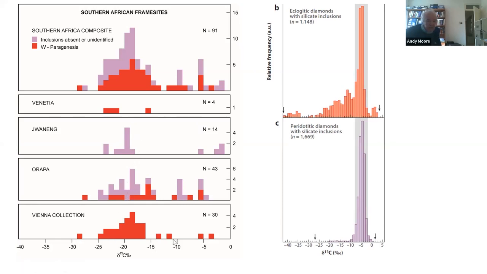But in each of these, there's a subpopulation with heavier isotopic signatures. So this overall signature of a light carbon isotopic composition associated with framesites with heavier carbon isotopic signatures is a very characteristic, unusual overall characteristic, and very different from that of the eclogitic and the peridotitic suites.